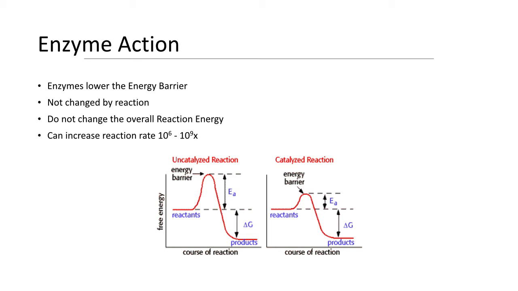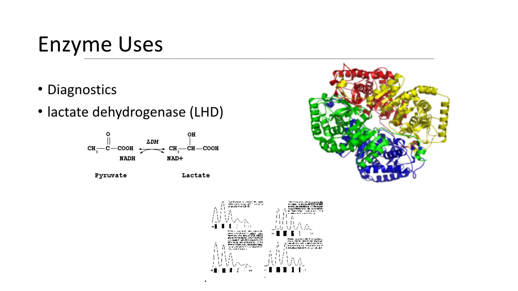Only a small amount is needed because it will be regenerated. They do not change the overall reaction energy, just making the hill, the energetic hurdle, a little bit smaller, so it's a little easier for the substrate to overcome it. And many enzymes can increase the reaction rate 1,000,000 to 1,000,000,000 times.